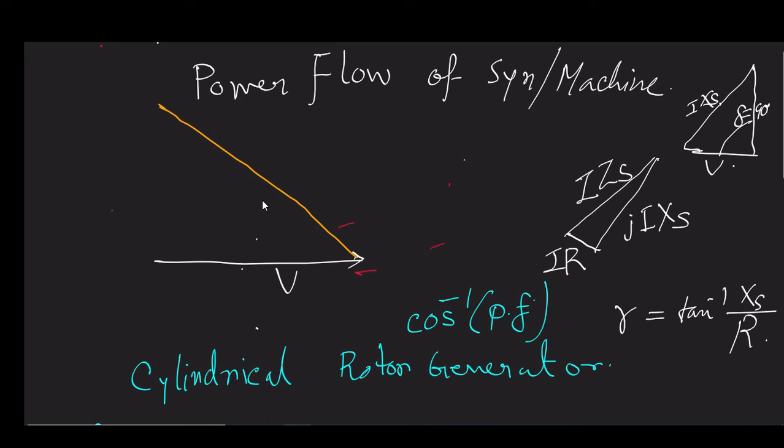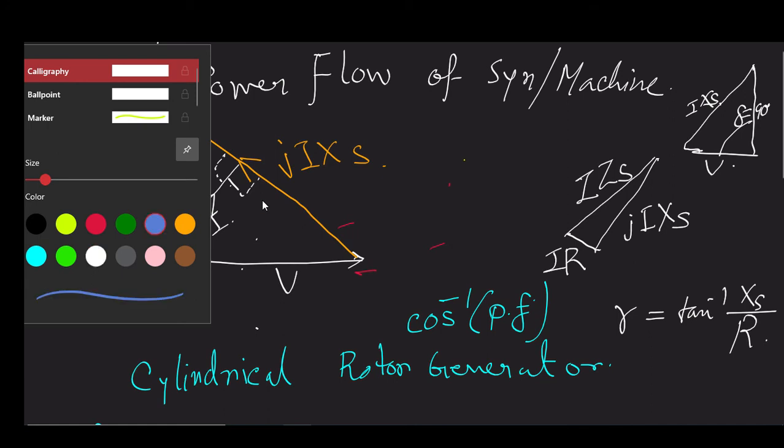Clearly we are having an I that is like this. The jIXS phasor should lead I by an angle of 90 degrees, and in that case, that is when you can have basically this.